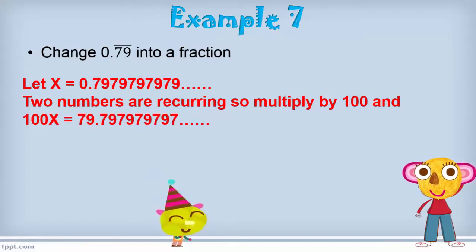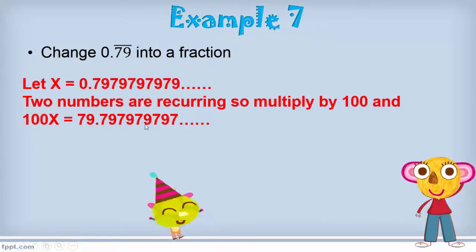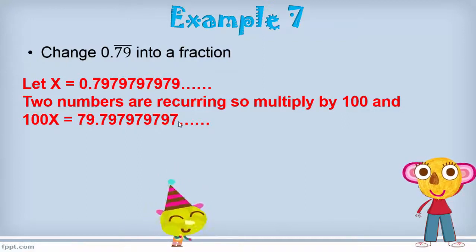So 100x is equal to 79.797979. Note how this begins with the 7, not the 9, in the same order as we have here. And that is very important that you maintain the same order. Otherwise, when you subtract, it will not disappear.